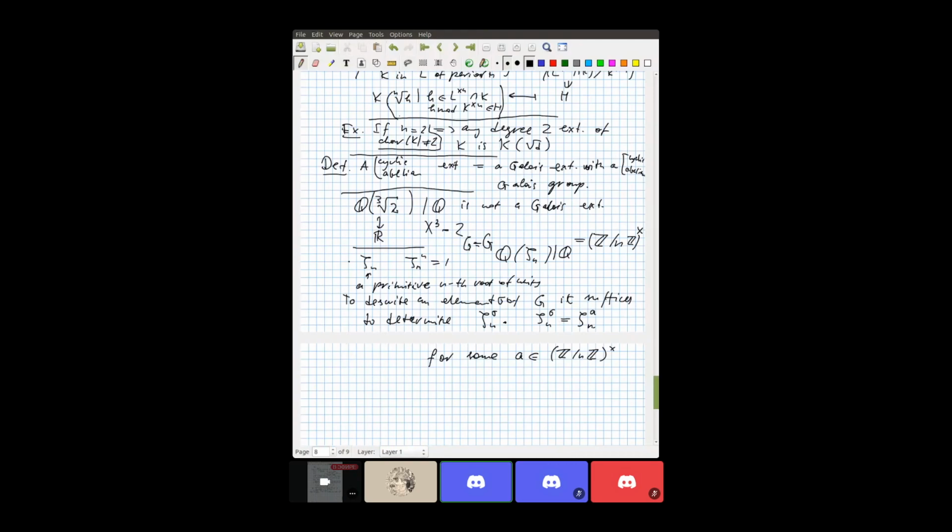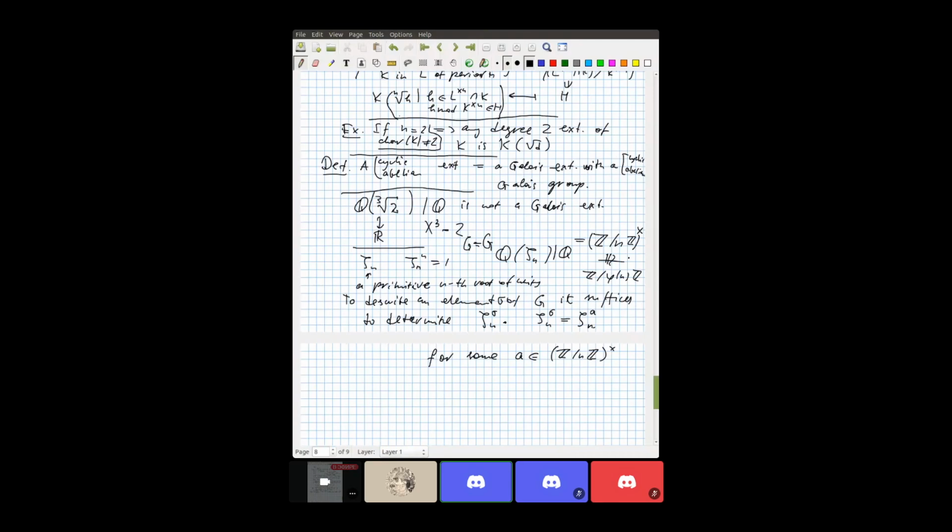You said that it is residues modulo the Euler function, but that is not true, because this group is not cyclic in general. It's not isomorphic in general to Z mod phi of n.